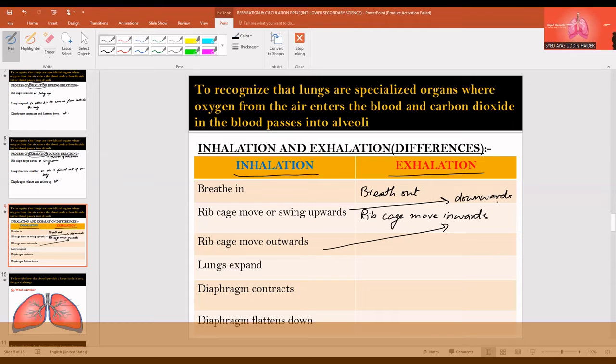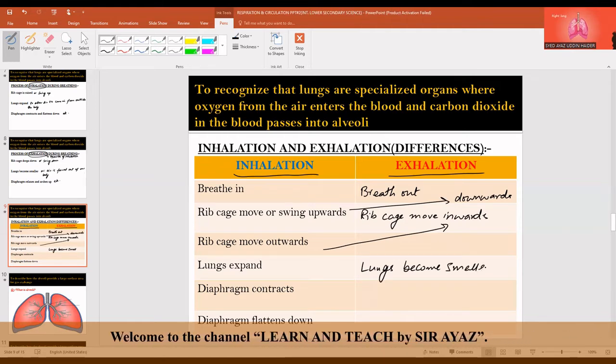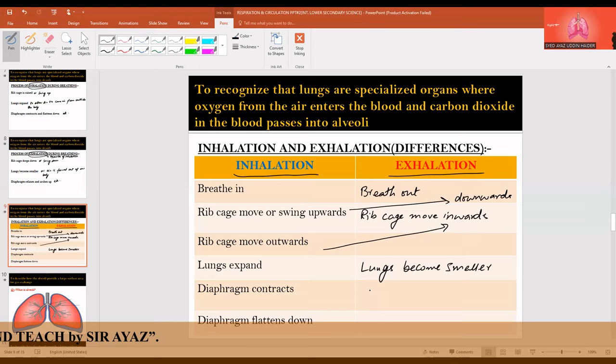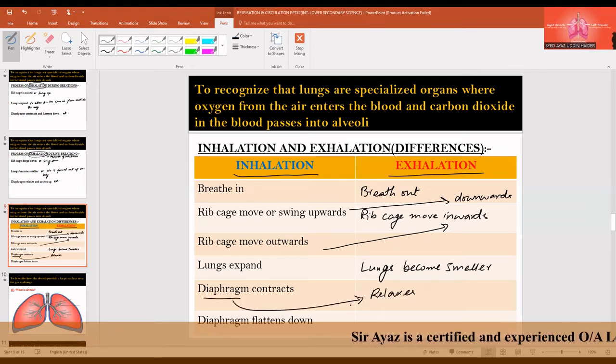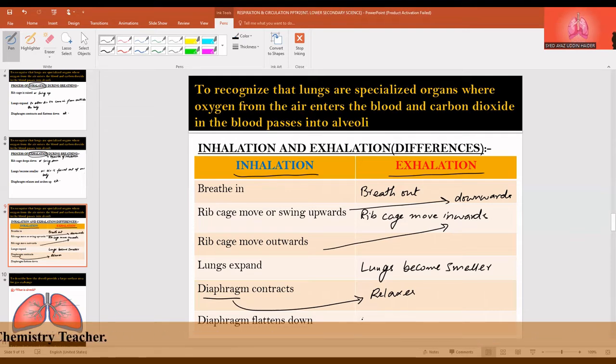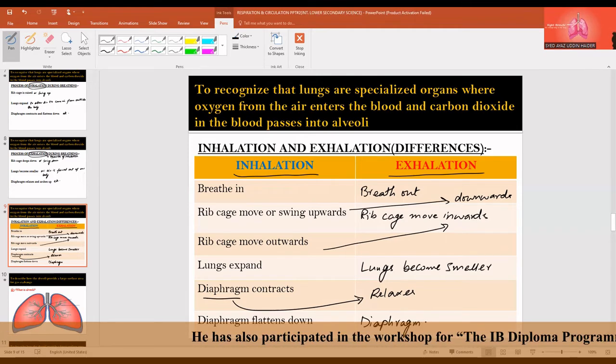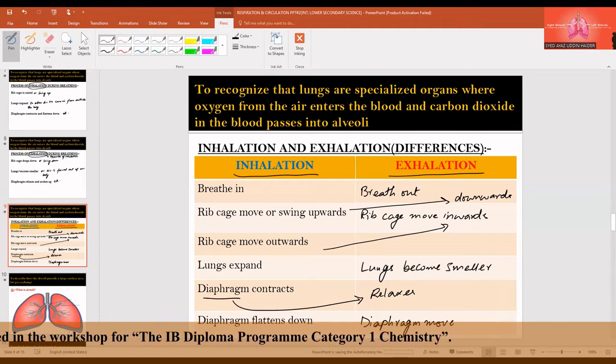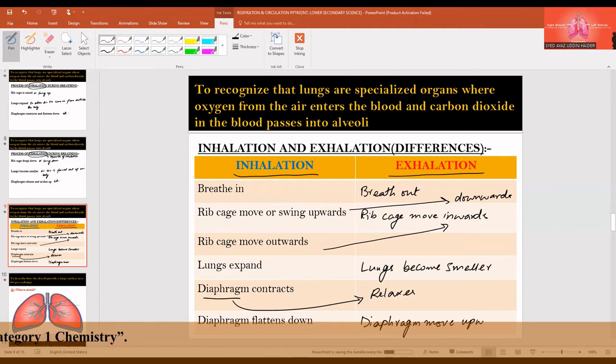Lungs expand in case of inhalation, and you write lungs become smaller. In inhalation, diaphragm contracts, here it relaxes. Diaphragm flattens down, so you will write it moves upward. You can even write arches up.